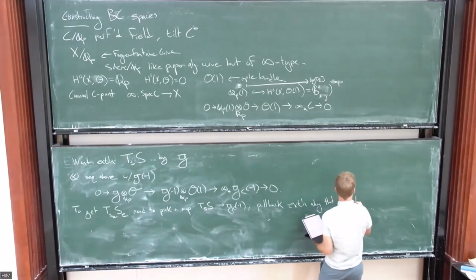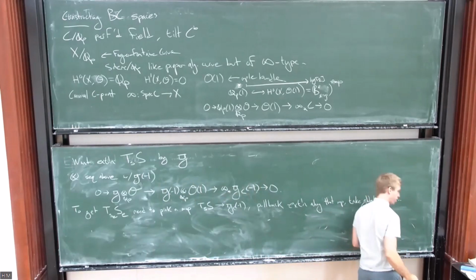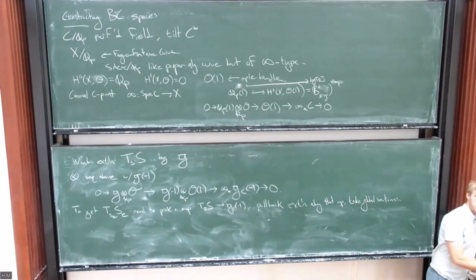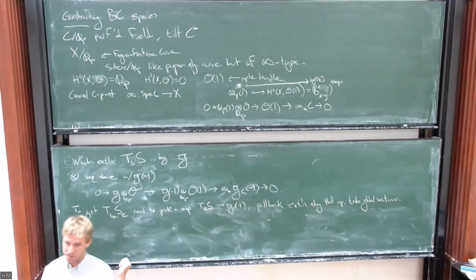And I take global sections. And this really is a universal way to produce such an extension. Any extension I get like this can be produced in this way.